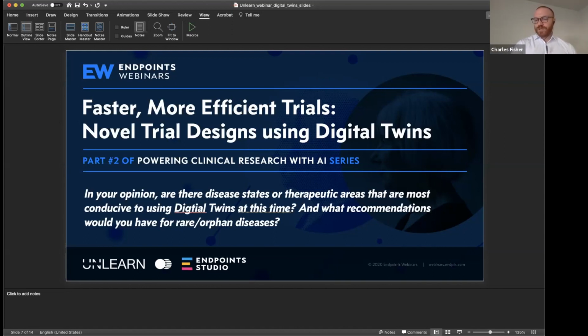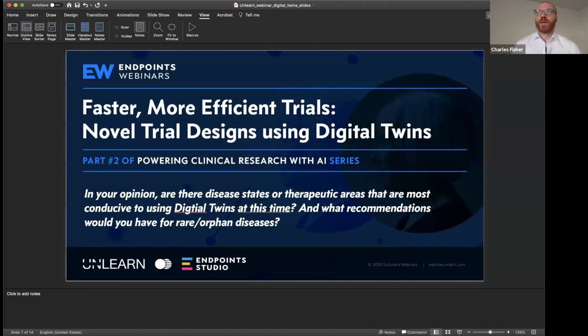We are interested in doing some work in rare diseases. The key factor there is just making sure that there's a sufficient amount of natural history data for the disease that we would be able to train one of our models. There isn't a fixed size of how many patients we need to train a model.